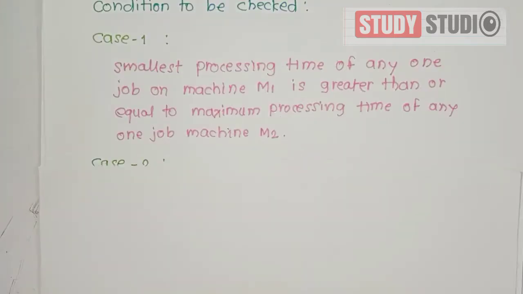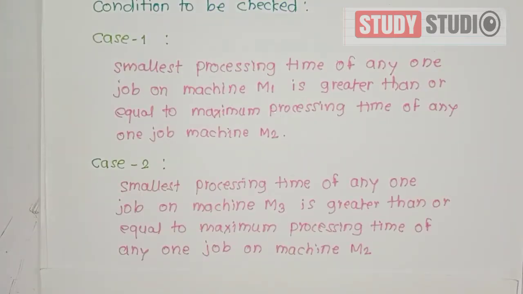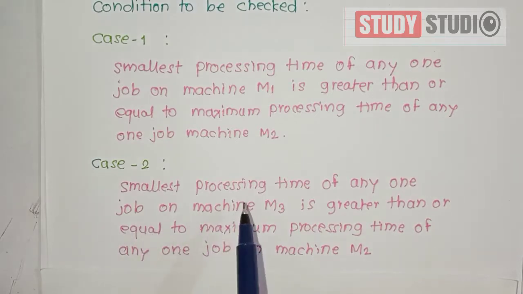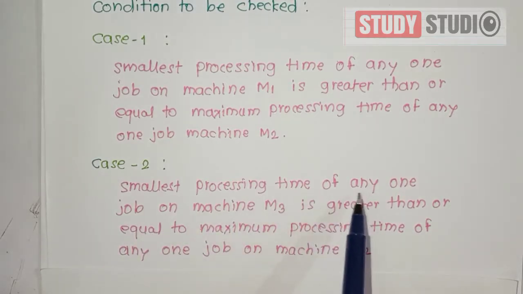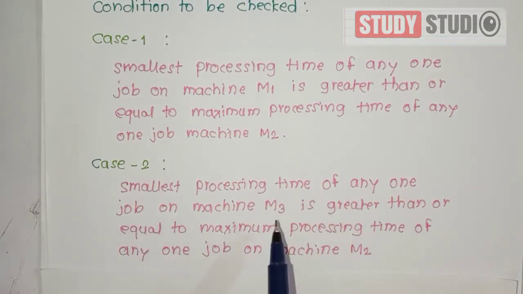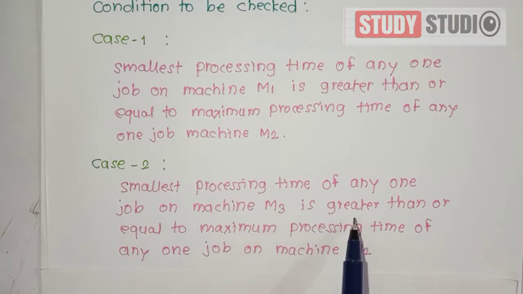Let's see case number 2. It is the smallest processing time of any one job on machine M3 is greater than or equal to the maximum processing time of any one job on machine 2.